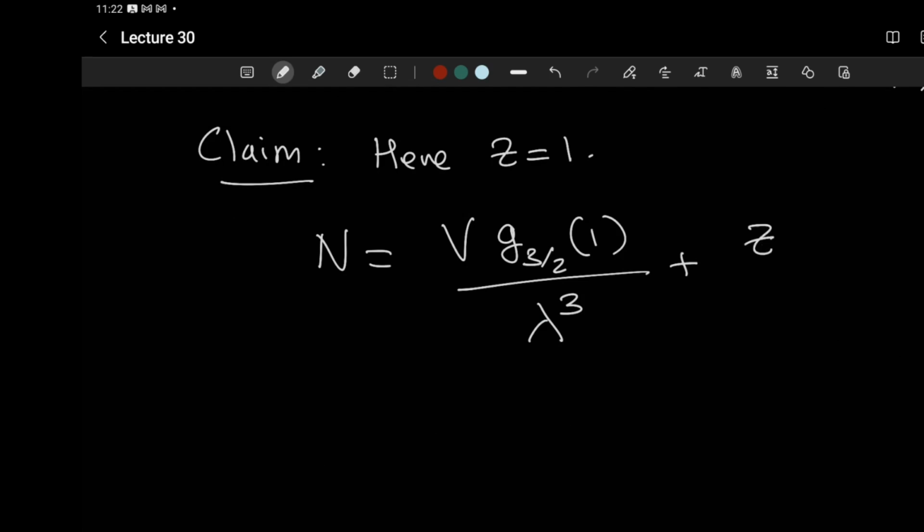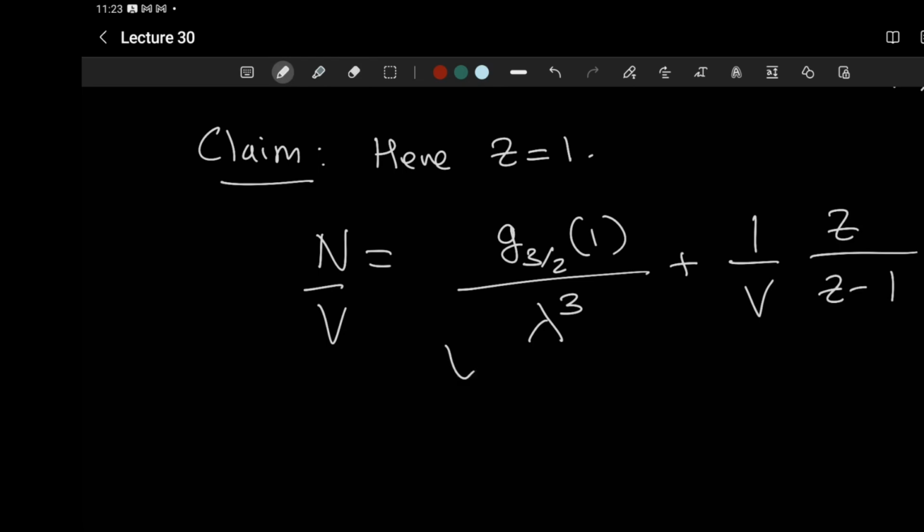No, I want to write it not this way. This is the equation. So this is the number density, and the point here is this is not going to change now.